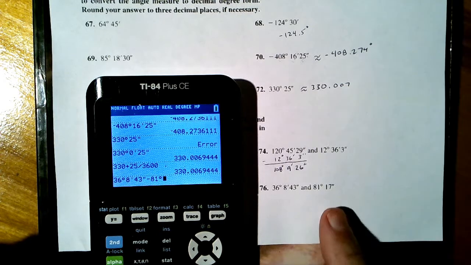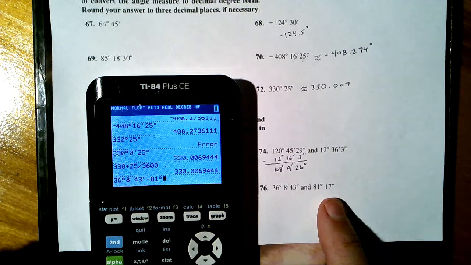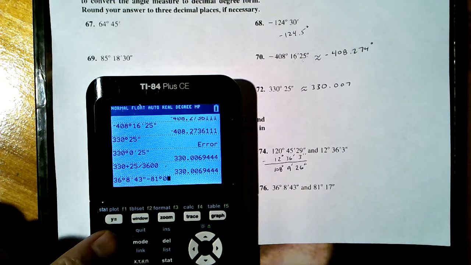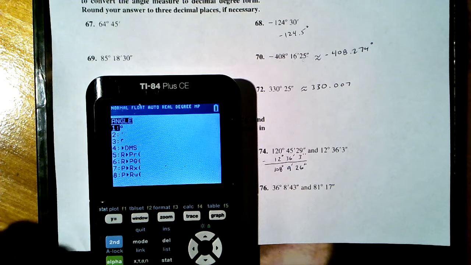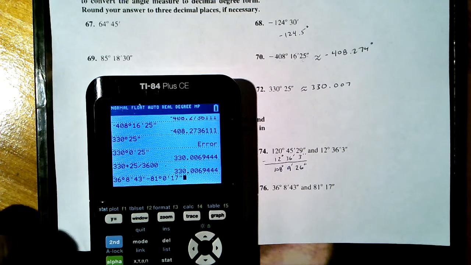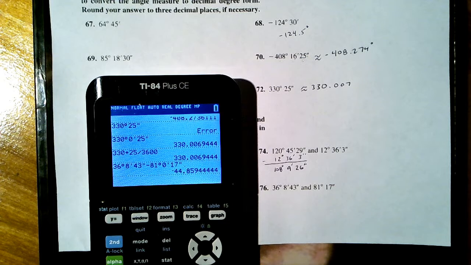Careful, 17 seconds. I've learned I need to put in the 0 minutes, second angle minutes, and 17 alpha plus seconds. And I get this, but that's not in degrees, minutes, seconds. It seems like if I'm working in degrees, minutes, seconds, it would give me the answer in degrees, minutes, seconds.